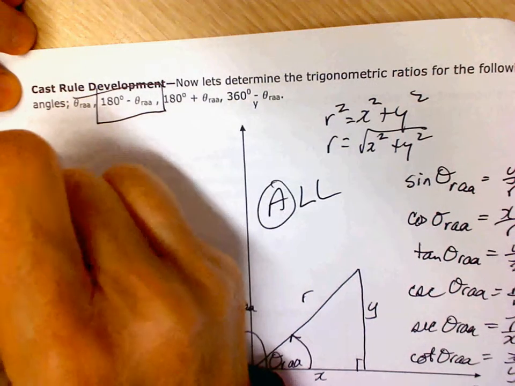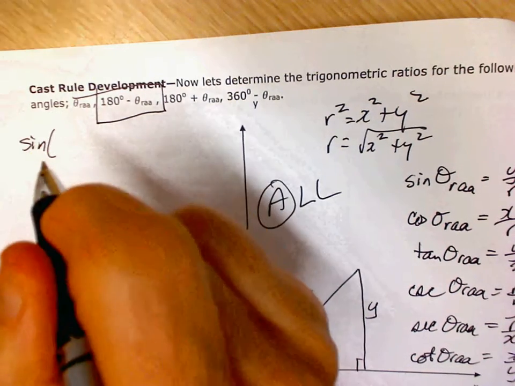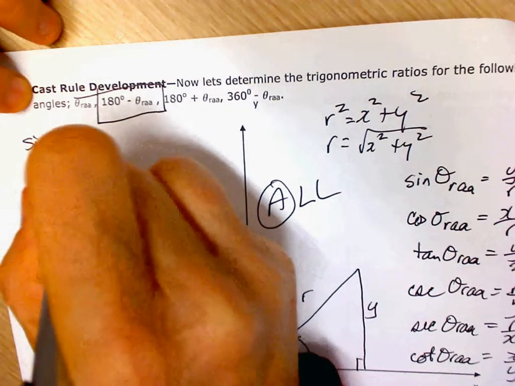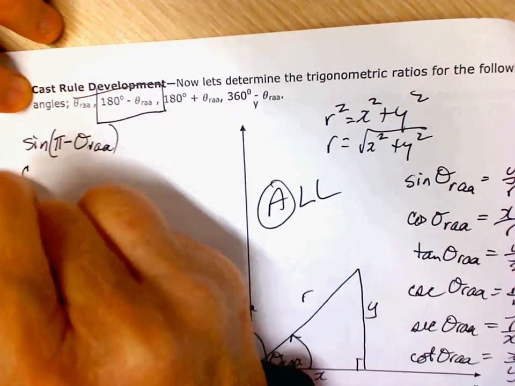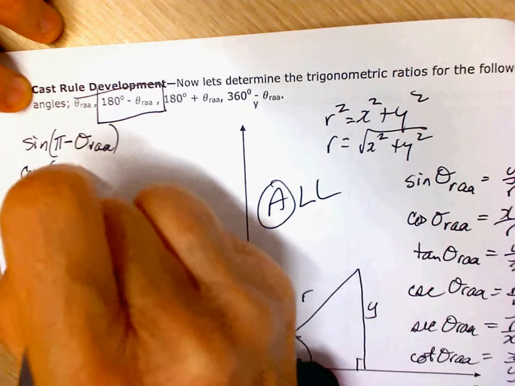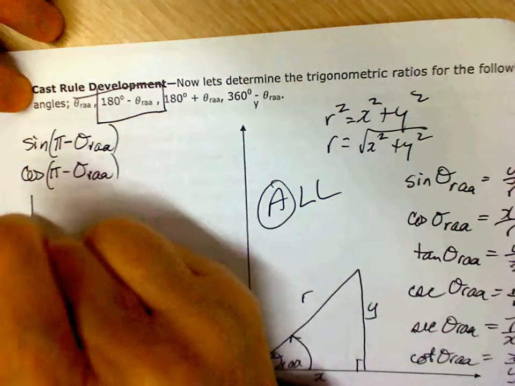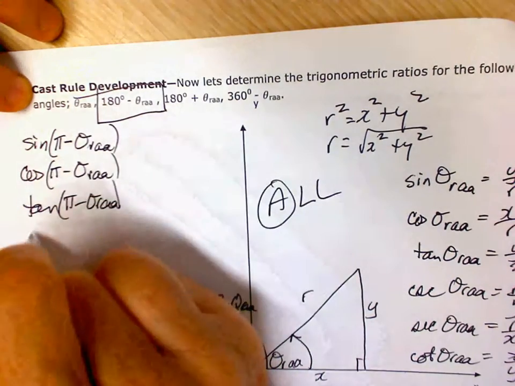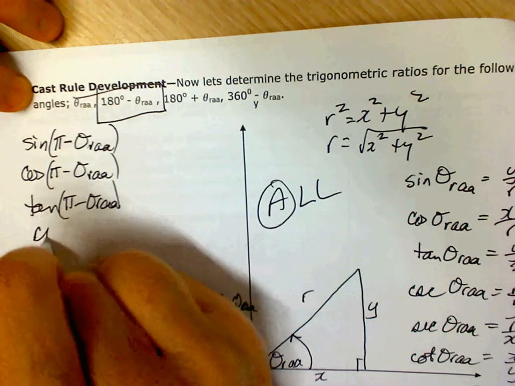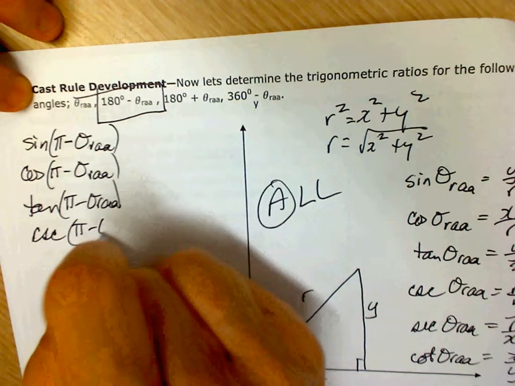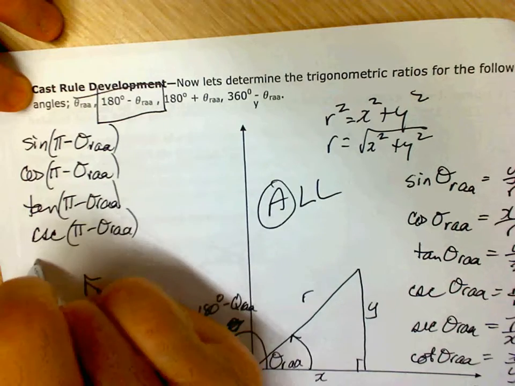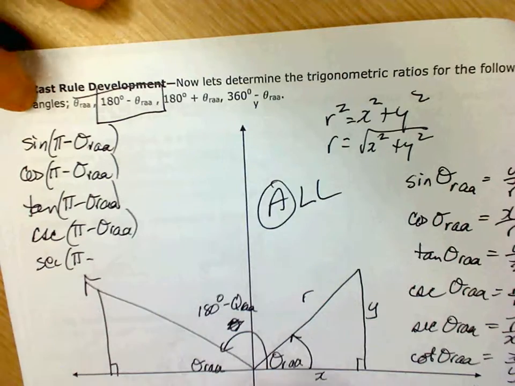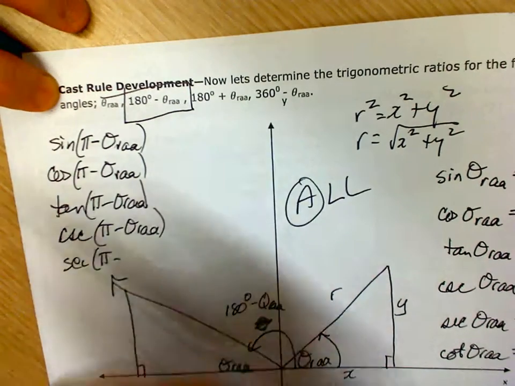Sine of, we're going to use radian measures so you get used to it, pi minus theta RAA, cos of pi minus theta RAA, tan of pi minus theta RAA, cosecant of pi minus theta RAA. This is tedious, but I'm trying to get across a point because you need to be able to express these angles in terms of their related acute angle.